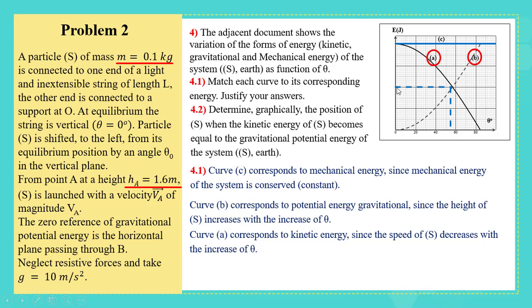Here is the point where the kinetic equals the potential, or we can consider it as the intersection of the 2 curves. Try to find its coordinates as the energy and its theta. Graphically, we say that the kinetic energy equals the potential energy at theta approximately 57 degrees.